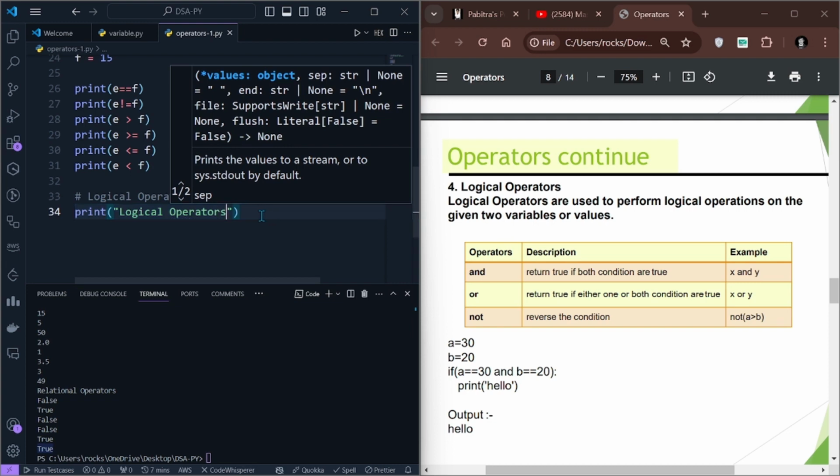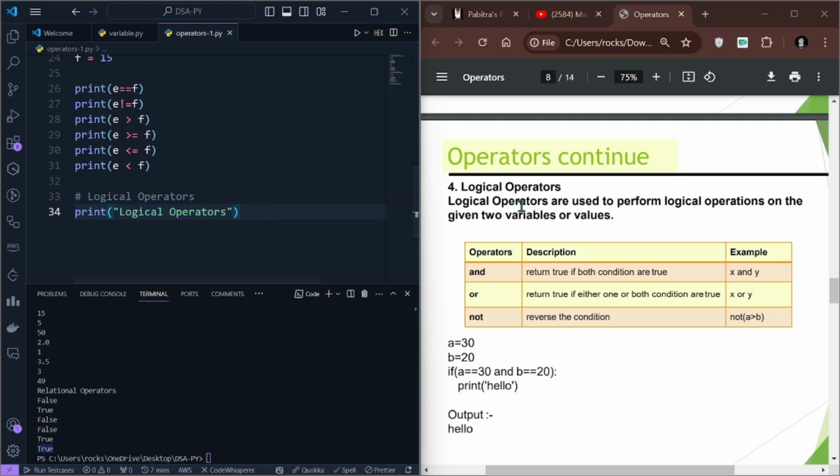Here you can see that we have only three logical operators, which are and, or, and not. The and operator returns true if both conditions are true. You have to keep in mind that we use and if all of the statements are true.